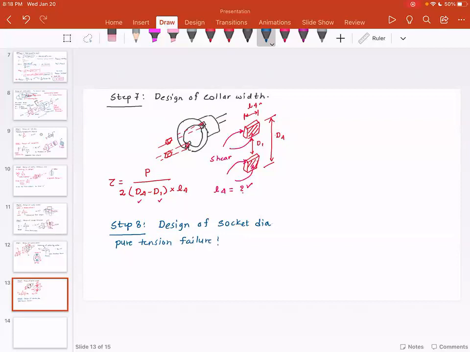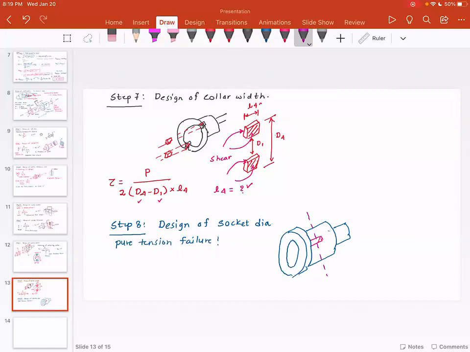Now, if you look at the pure tension failure of socket, this is sort of difficult to visualize, but I want you to look at the socket, and this socket has a hole for cotter. So I want you to visualize the cross-sectional area, which is over here.